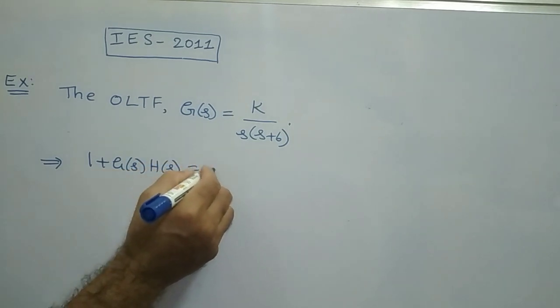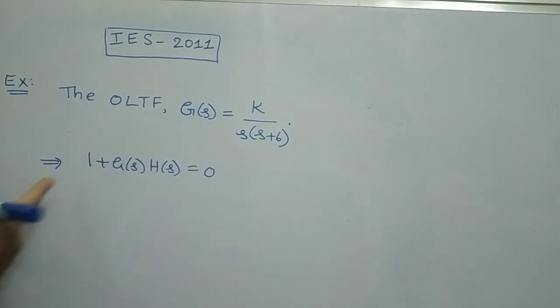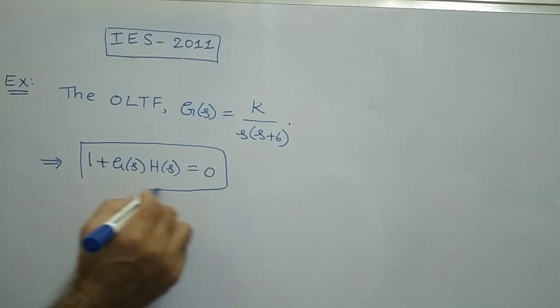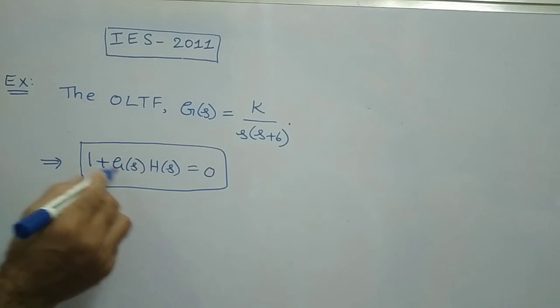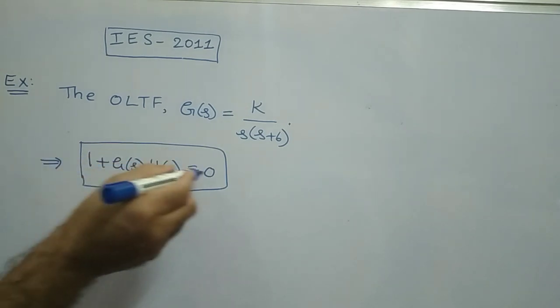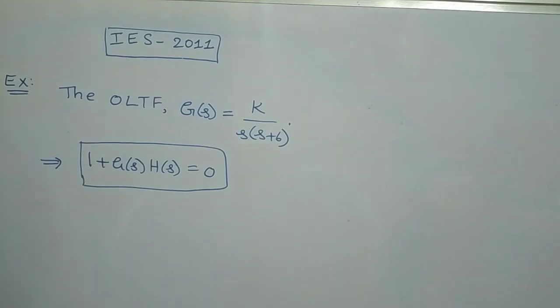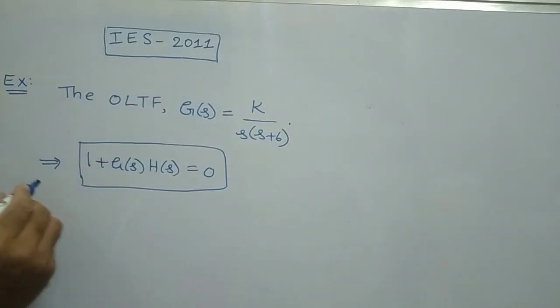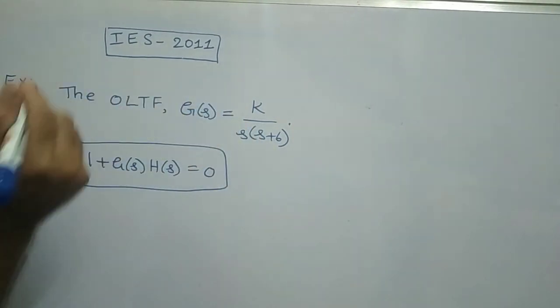If the denominator part is equal to 0, then this equation is called the characteristic equation of a control system. Since H of s is not given, it is a unity feedback system, therefore H of s is 1.